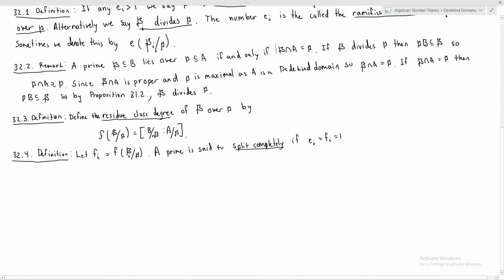And a prime is said to be inert if the Ei's are all equal to 1, and so is G, the number of distinct primes. Basically, this concept of inert means that PB is prime.